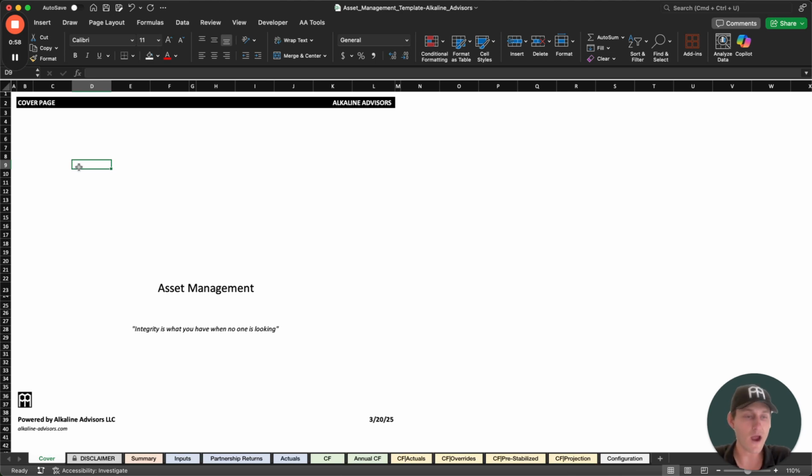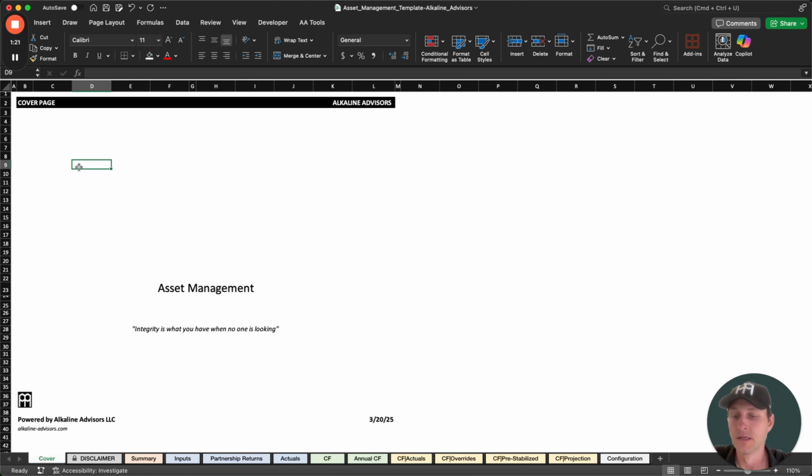And once we're at stabilization, the model allows us to reforecast them throughout the duration of the hold period at a property level. This will allow us to provide a little more detail and accuracy as it relates to capital we might have to come out of pocket during the hold, or ultimately our return metrics at the end of the day.